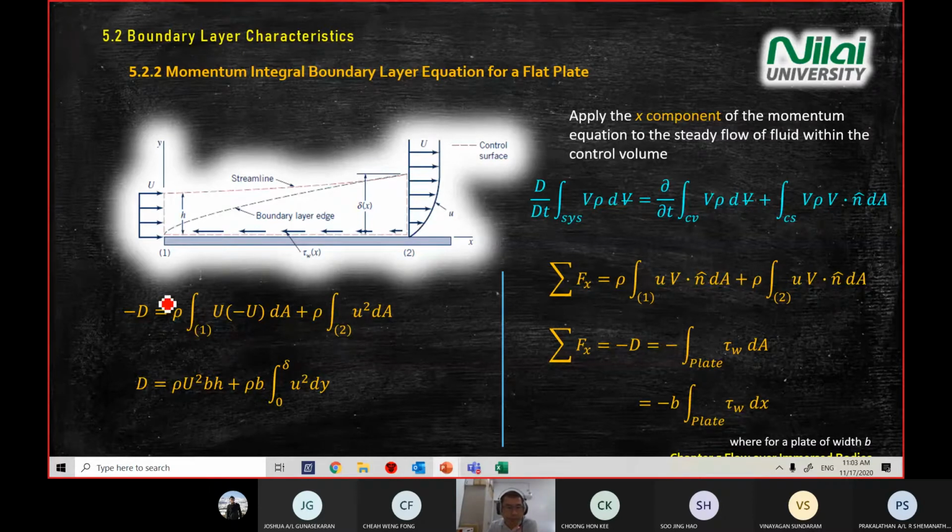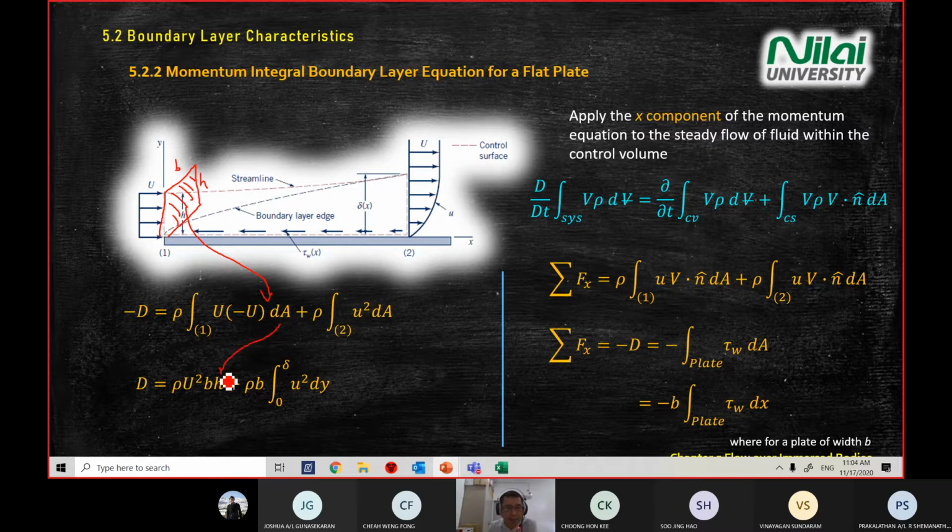And then you rearrange the equation. So D becomes positive, and the A, of course, you change to B times H, this one, dA. So H times B, the area. This is the dA.